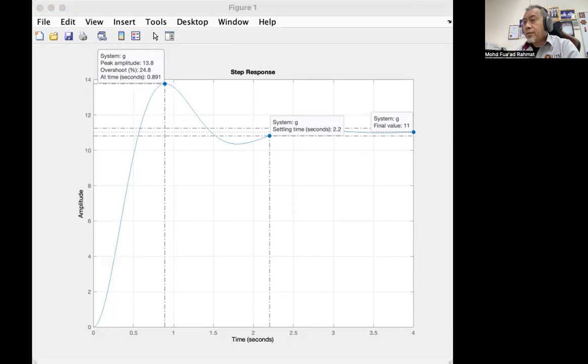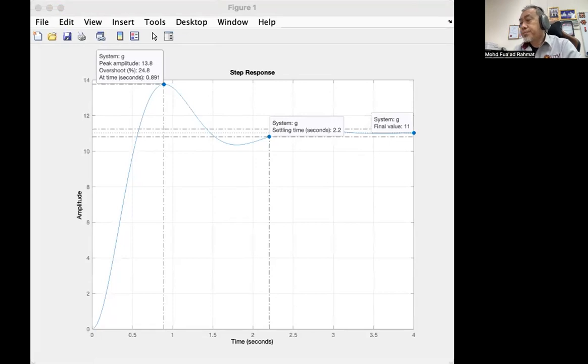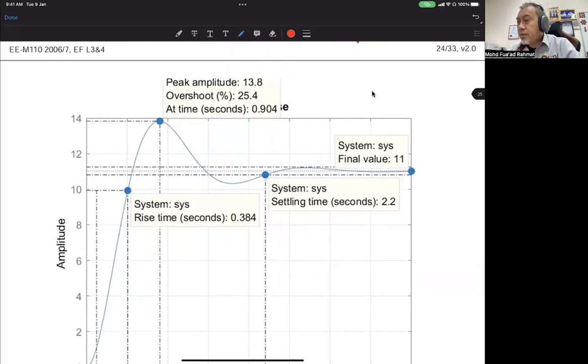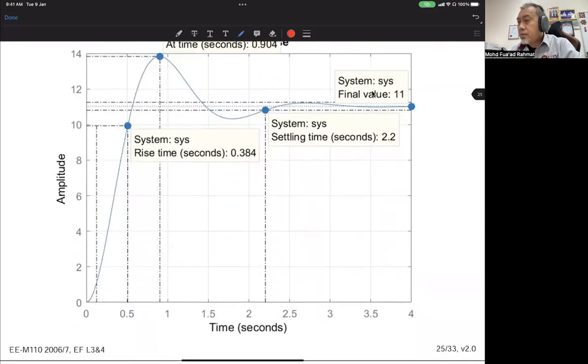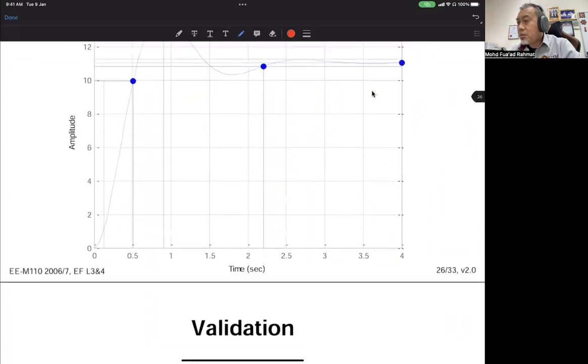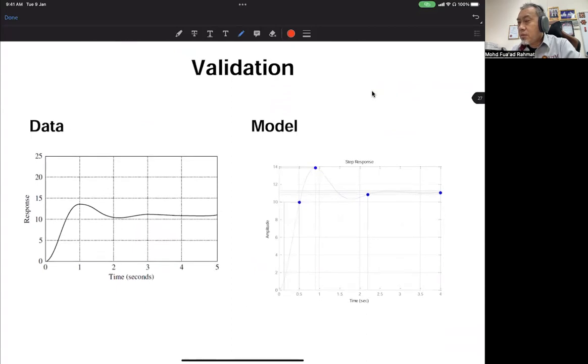Okay, guys, so this is it. As shown in the slides, and then some simulations and validations are almost equivalent between the real data and the model.